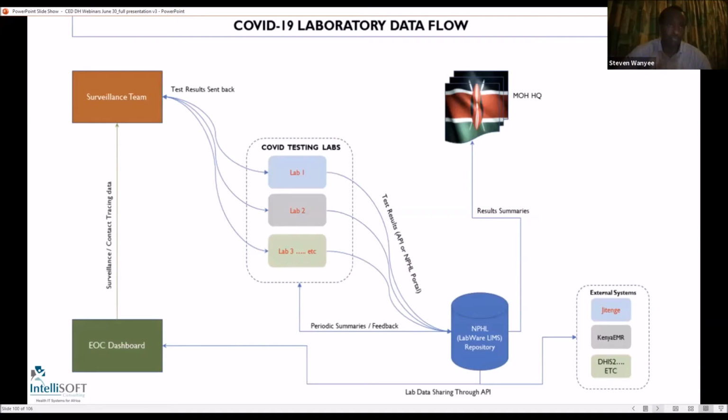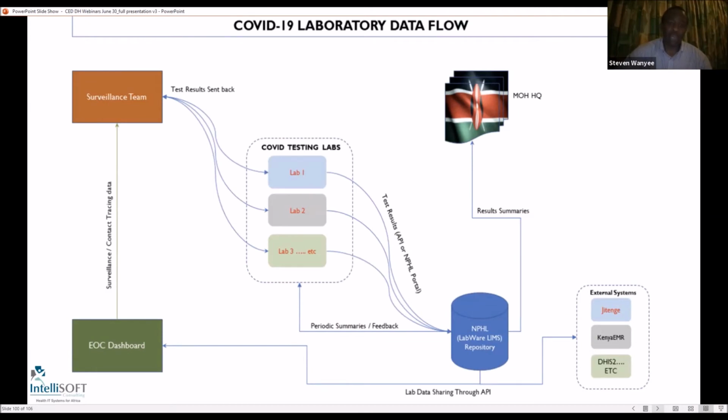And again, some of you, if you've worked in Africa and similar parts of the world, know the National Public Health Laboratory network is very popular. In Kenya as well, we have that, where these labs have met all the quality control and assurance requirements, and they have the right personnel capacity. So if you read this from the middle part of the slide, there are a bunch of labs running these tests, and they are communicating with the surveillance team using the application that I mentioned, Jitenge Plus or Isolate.